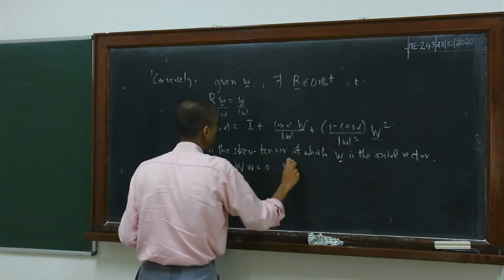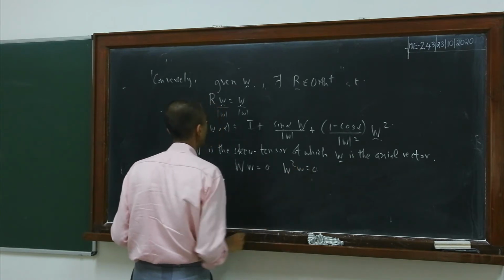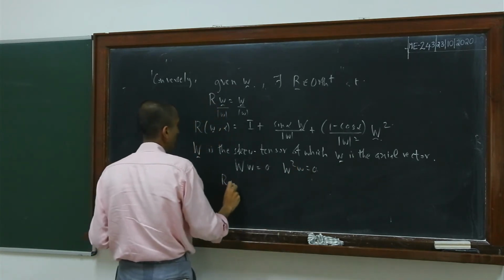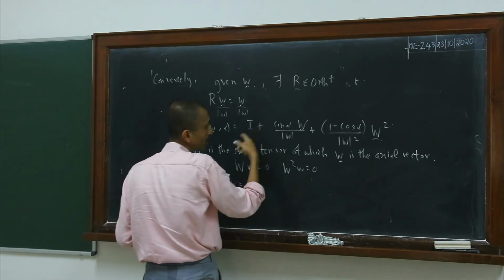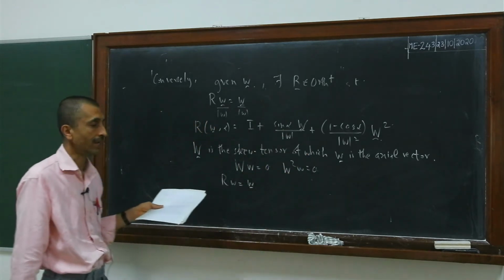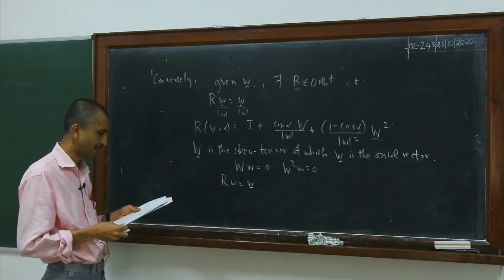So W square W is also equal to 0, right? So you'll get that R times W will be equal to W. From this particular relation, it is immediately obvious that your R times W will be W.